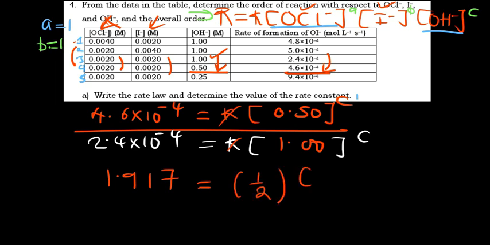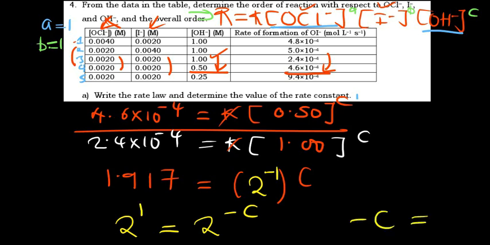Just the power C. Now 1 over 2 is the same as 2 to the power negative 1. So 1.9, we want to deal with our numbers here. So let's take that as a 2, considering experimental errors. And then that will be 2 to the power negative C. So negative C can be equated to 1, and then C becomes negative 1.